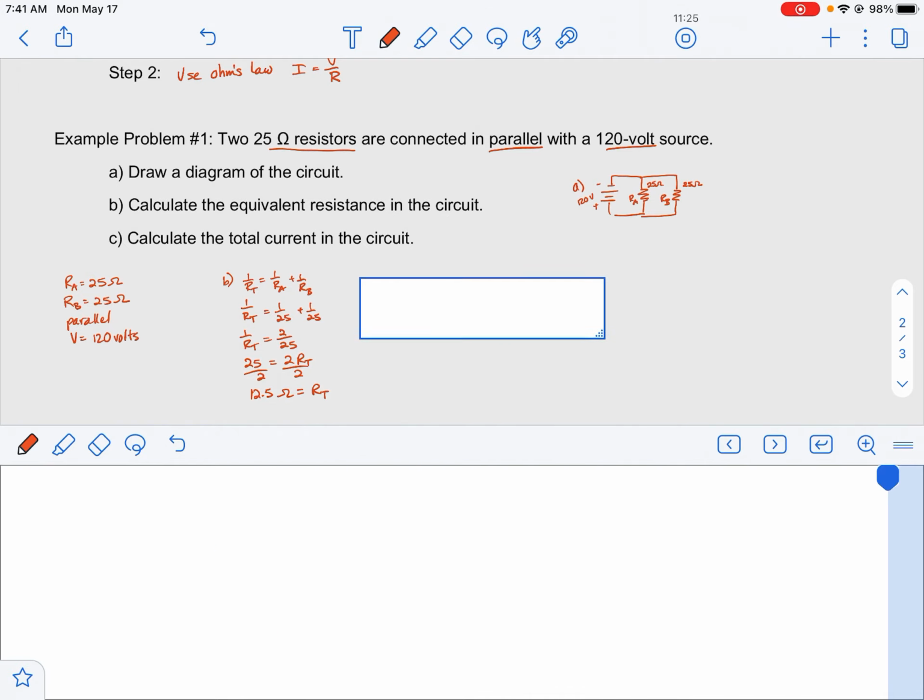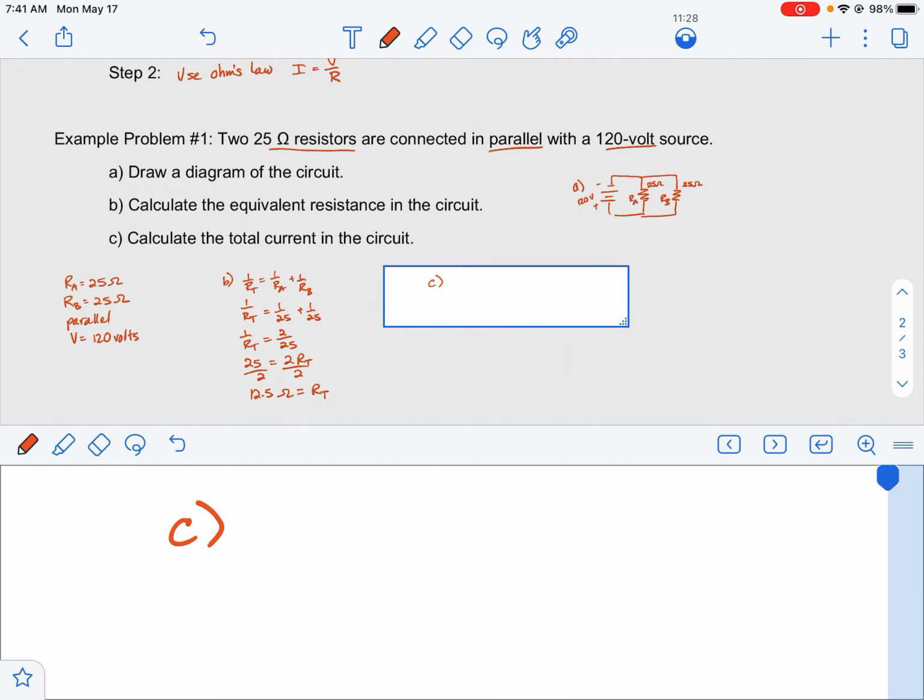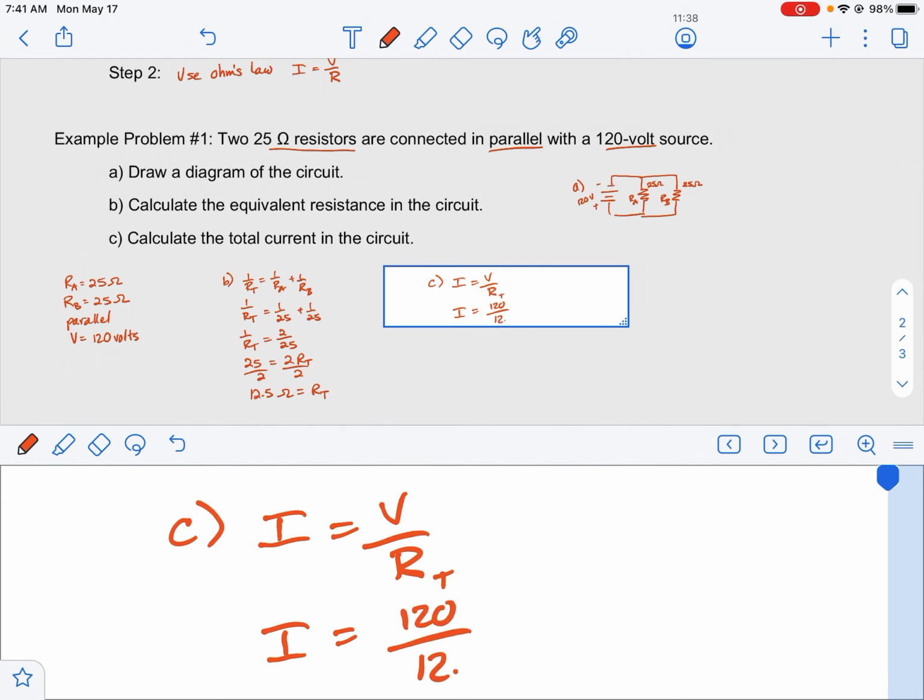Okay? And then for part C, we're going to use Ohm's law, because part C says calculate the total current. So I'm going to have 120 over 12.5, and that is going to give me 9.6. What are we going to label this?